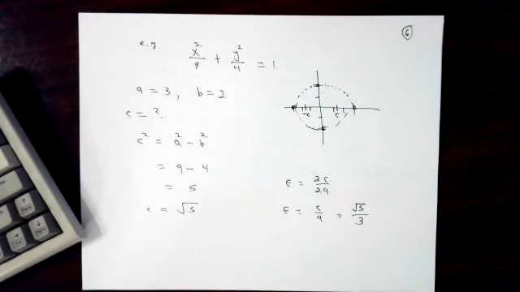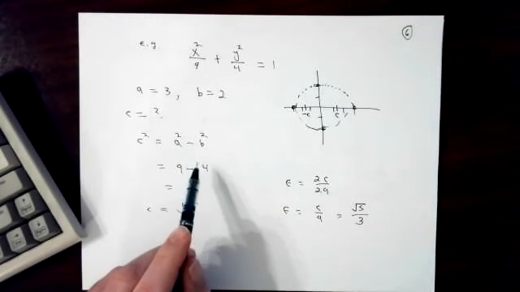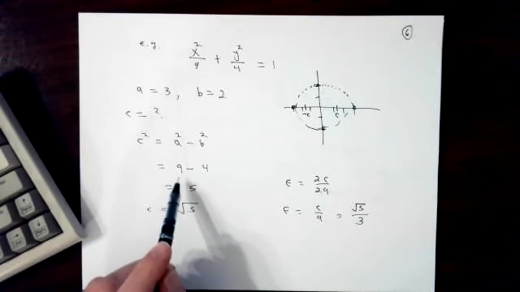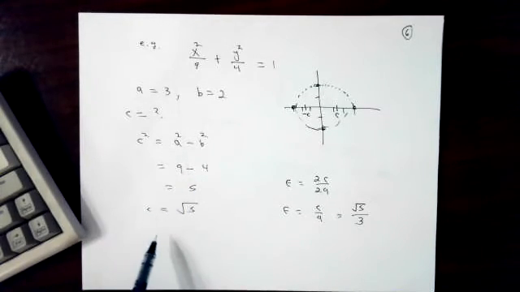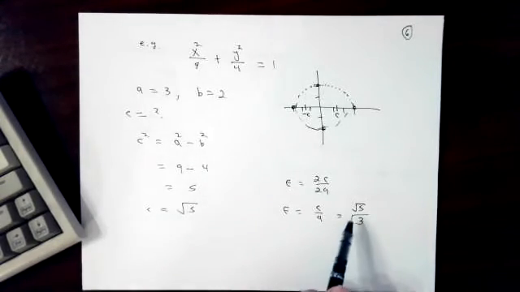For example, x squared over 9 plus y squared over 4 equals 1. A squared is 9, so a is 3. B squared is 4, b is 2, and I'd like to calculate the location of the foci. C squared is a squared minus b squared, bigger one minus smaller one. C has to be square root of 5. Also, now that I know that, the eccentricity is square root of 5 over 3.